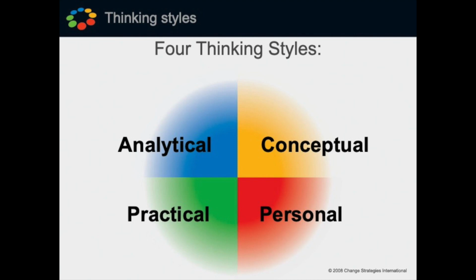Each of us has a vocabulary within those different thinking styles. Yellows, being conceptual, like to talk about ideas and the why. The blues like to talk about facts and the what. The greens like to talk about actions and the how. And the reds about feelings and the who.